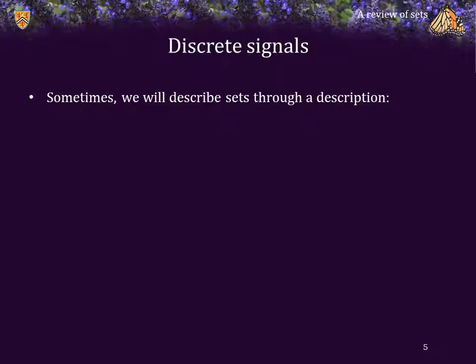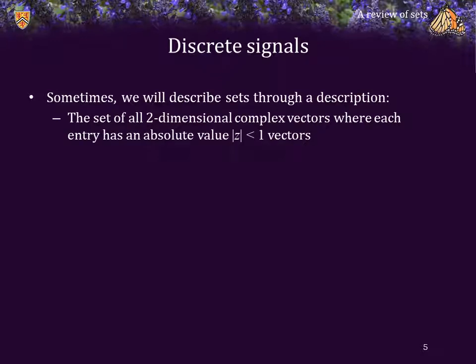Now, sometimes we will describe sets through some sort of description. For example, the set of all 2-dimensional vectors where each entry has an absolute value of less than or equal to 1. Well, this is one such vector.